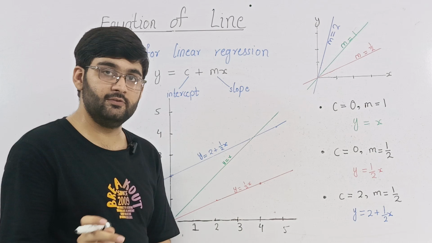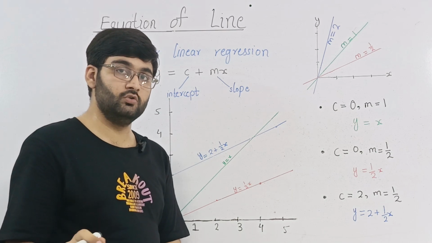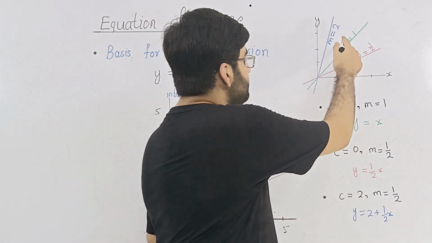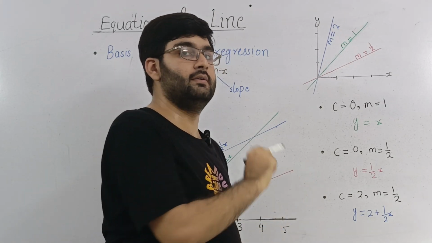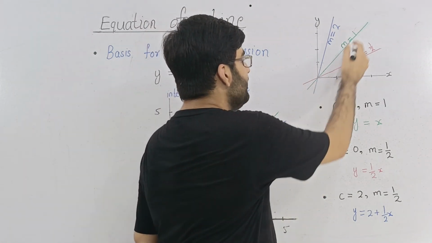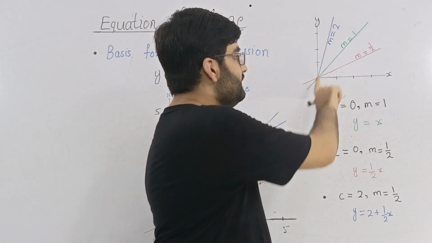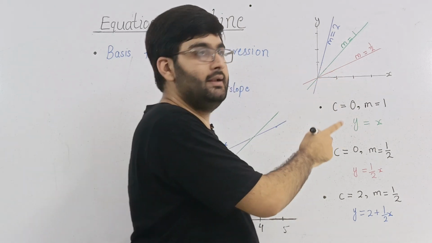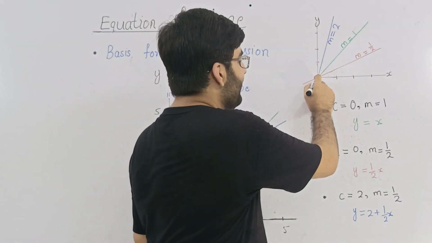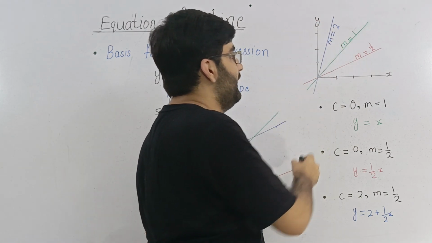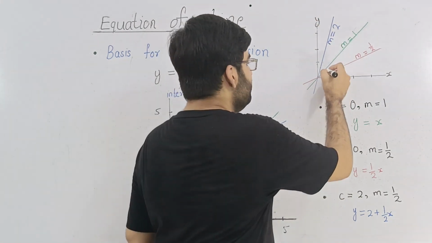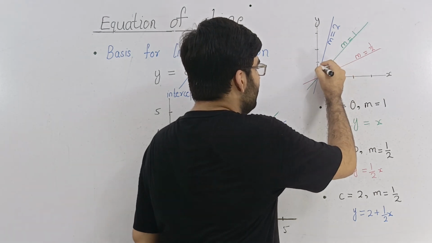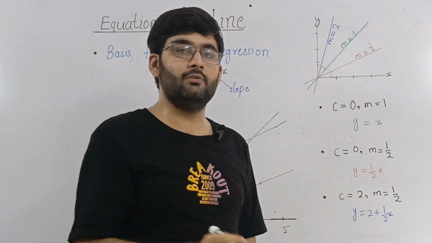To understand the slope, let's move towards this plot. I have plotted three lines here. If you look at the green line, you can see that it is equally inclined towards both the x-axis and the y-axis. What I mean by that is this angle and this angle are both equal.